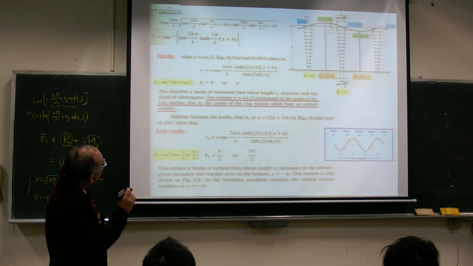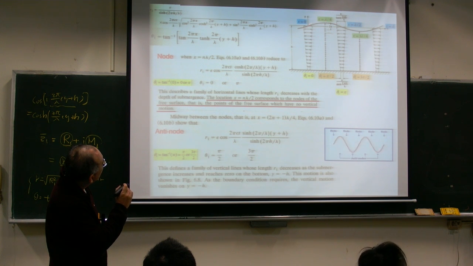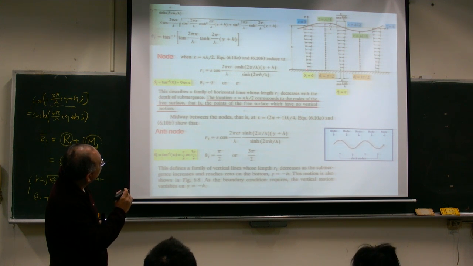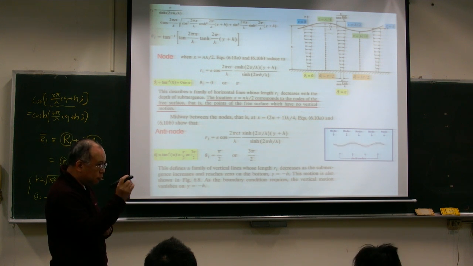This is one wavelength, and this is half wavelength, so it should be here. And n equals 2 becomes x equals lambda, which will be here. So at these three locations, x equal to 0, lambda over 2, and lambda, our theta 1 will be equal to 0 or pi.